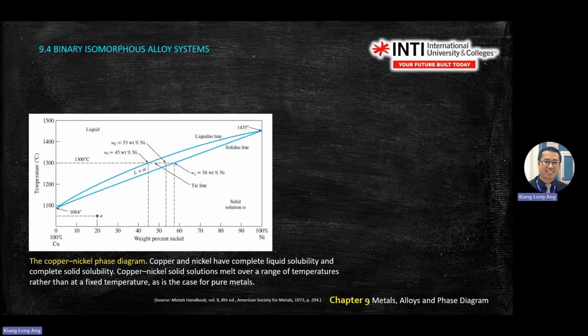Sorry, the solid solution is alpha. So it's a solid. In the middle here, it already tells you L plus alpha. So here you have two phases, two states: liquid plus alpha, and alpha is a solid.